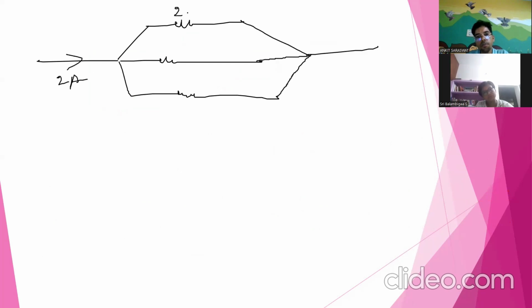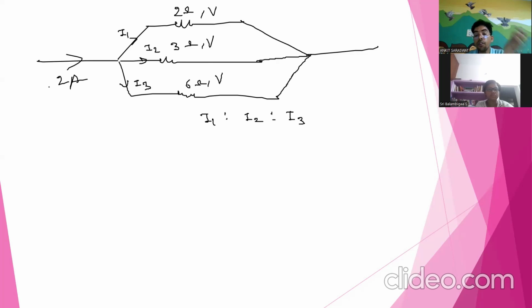We know it is in parallel, potential V here, V, V. How much current here, I1, I2, I3? Then what is the ratio of I1, I2, I3? This is a trick I am telling. If you are not interested to find the potential, then without knowing the exact value of potential, you can find the current.